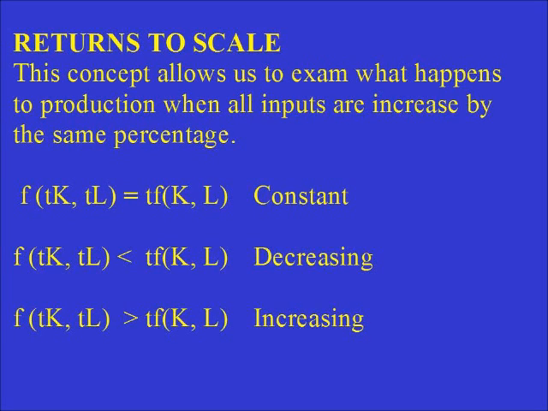For instance, if I increase both capital and labor by 10% and output increases by 10%, we have constant returns to scale. If I increase both capital and labor by 10% and output increases by less than 10%, I have decreasing returns to scale. And finally, if I increase both capital and labor by 10% and output increases by more than 10%, I have increasing returns to scale.